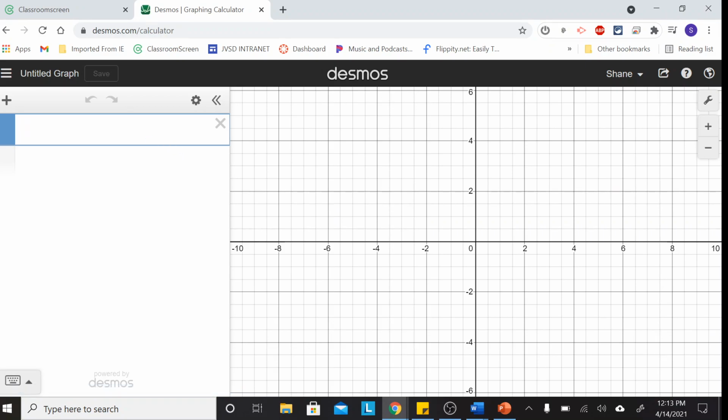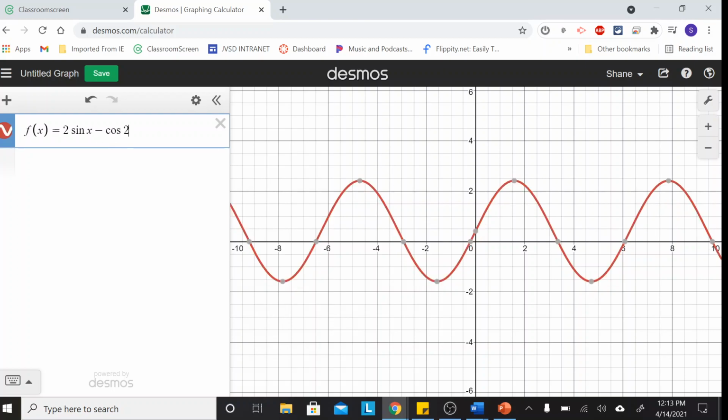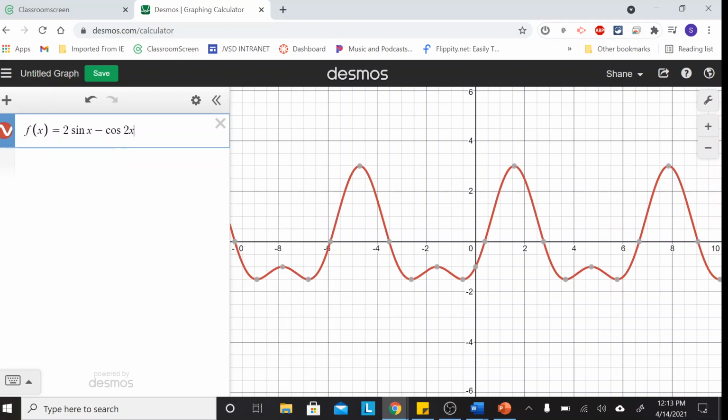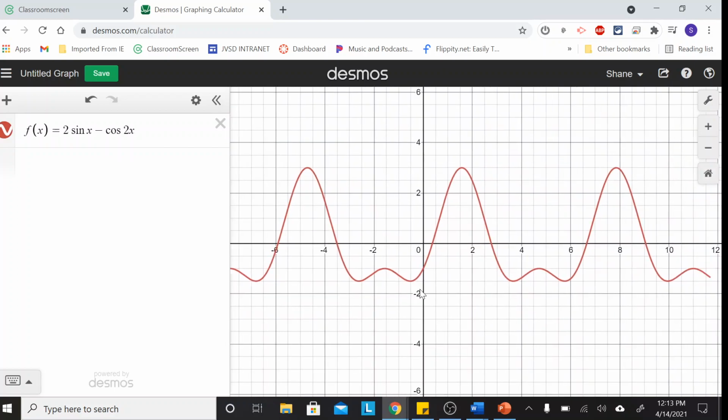All right, so we just did f of x equals 2 sine of x minus the cosine of 2x. Now, I'm going to go ahead and set my scale here.